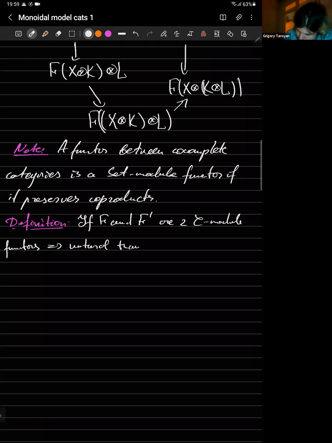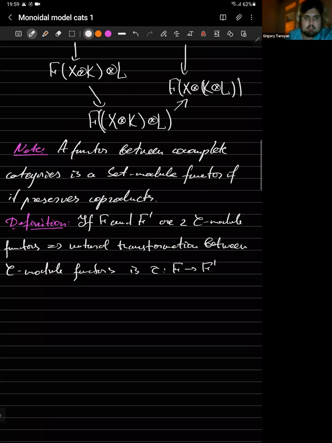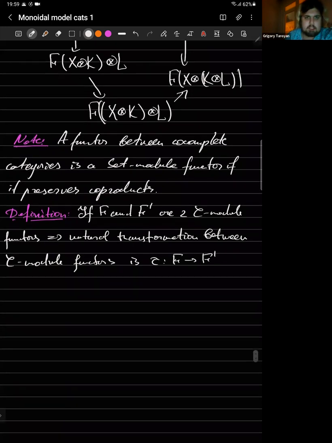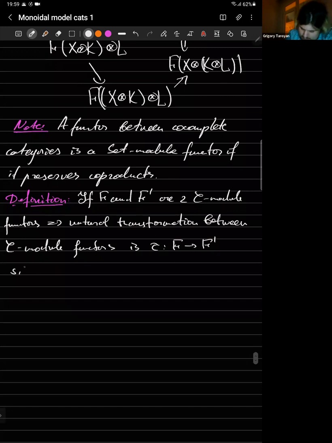A natural transformation between C module functors is, well, a natural transformation between functors such that the following coherence diagram commutes.